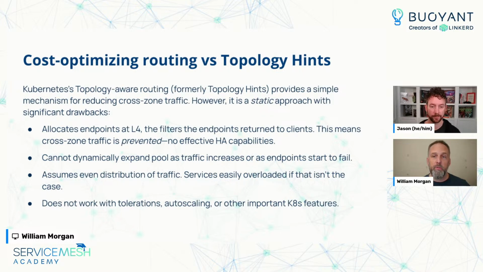Basically, they filter endpoints at layer 4, so you get a set of IP addresses that have been allocated across zones. Those get filtered. By the time you get to them, you only see endpoints in your zone, and that's it. And there's all sorts of conditions. So if things go under stress, if traffic increases, there's really no responsiveness here at all. In fact, once you have this enabled, you can't send traffic across zones. You don't even have access to those endpoints. Really surprising.